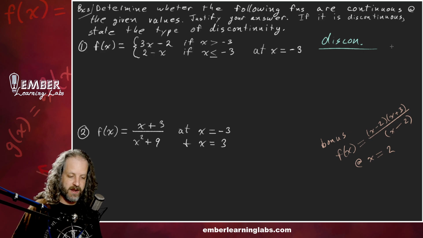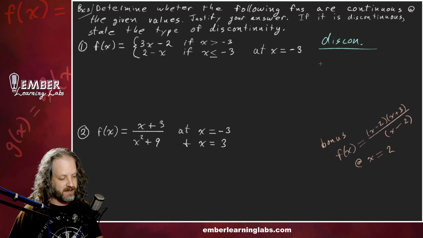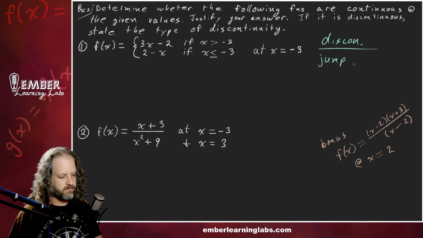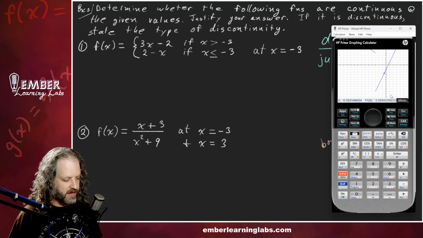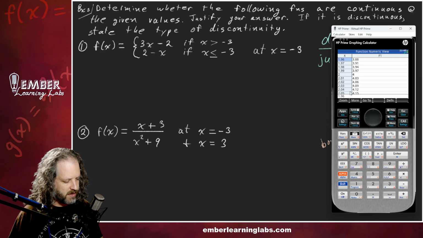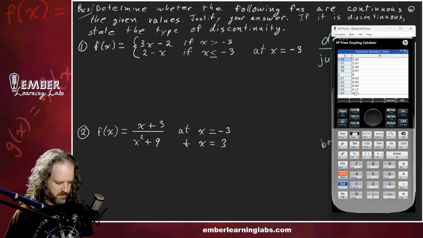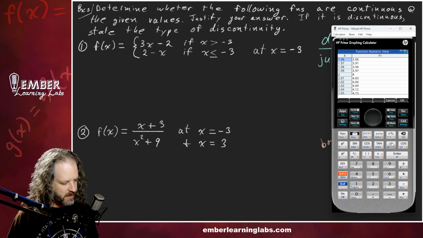Discontinuous at negative 3. What kind of discontinuity is it? It is a jump discontinuity. And if we go into our table and head to negative 3, no, not that one, negative 3.